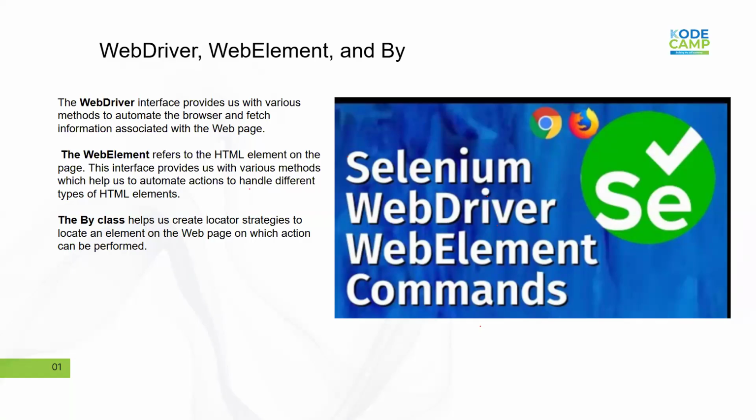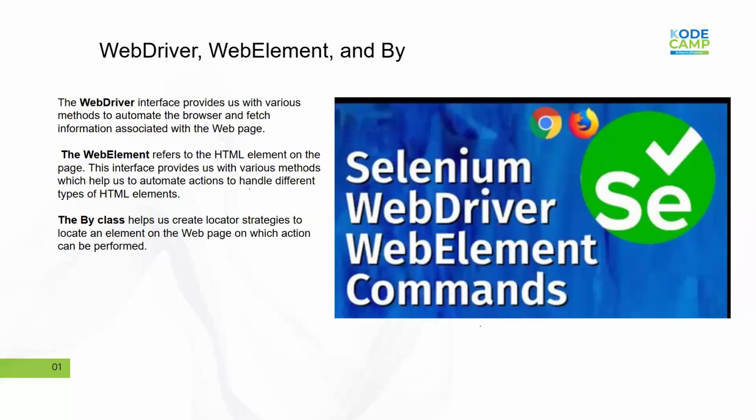If you are doing manual testing, you need to search, click, right click, left click, and do all these different things. The same way, if you want to do this using Selenium, you need your web elements, and the web elements will help you interact with the HTML elements. Now we have the By class. The By class helps us with locator strategies, to locate an element on the web page.